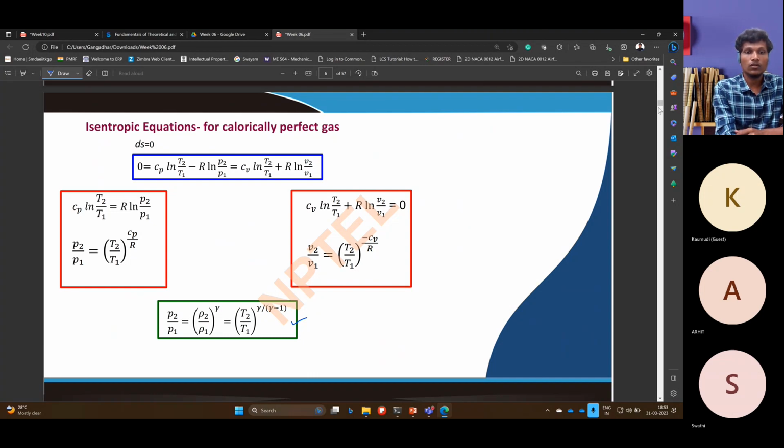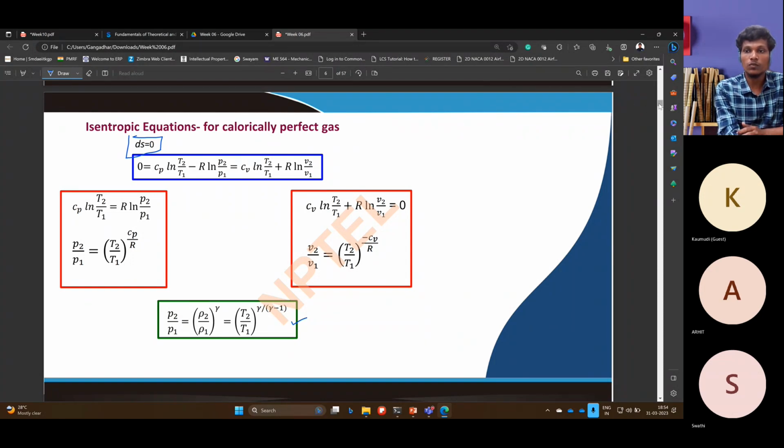This is all derived based on the assumption of an isentropic process where ds is 0. But in real life the change in entropy is never 0; it is always some finite value and increases in a positive manner. For our theoretical aspects we stated it as 0, and continuing the derivation, we ended up with this particular relation.